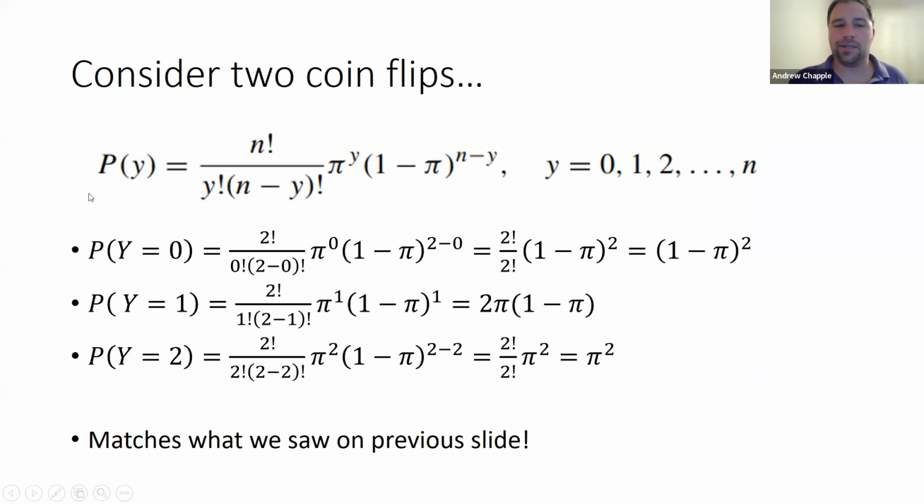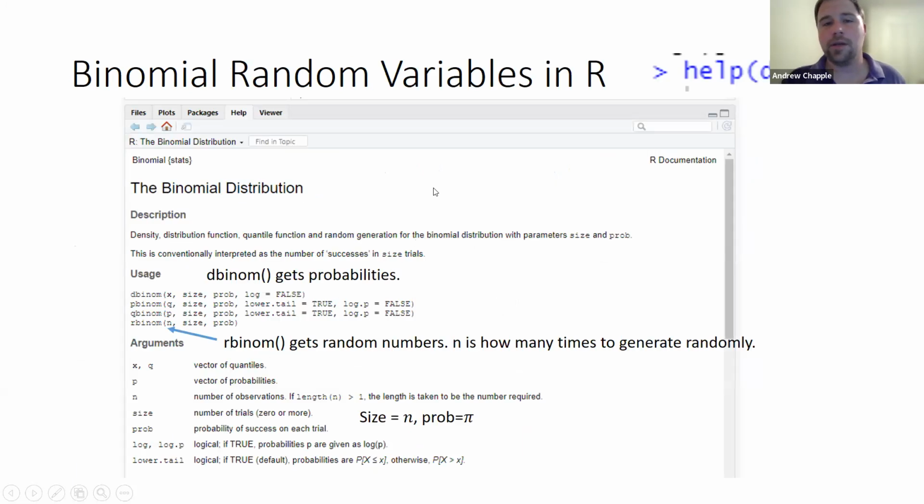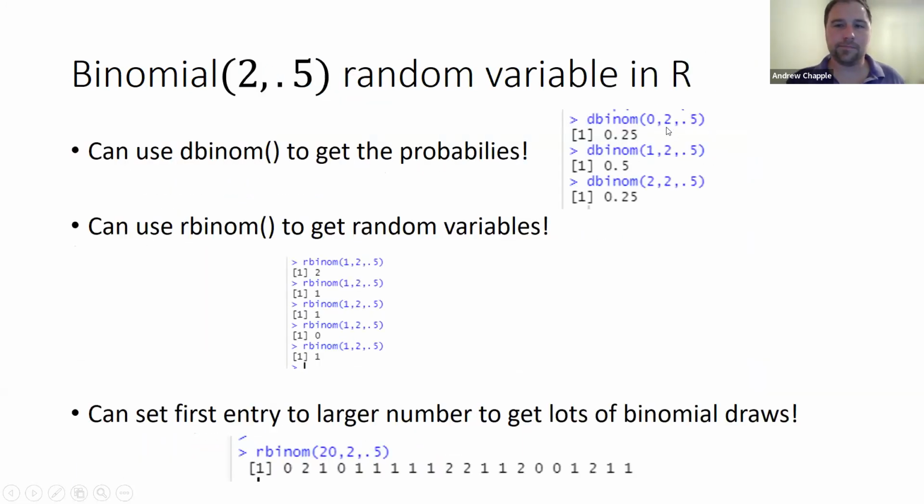So all it's doing is taking this function up here and plugging in your n, your y, and your pi, and giving you a number. So the numbers I get here are for y equals 0, n equals 2, and pi equals 0.5. I get 0.25. When I change y to 1, I get 0.5. And when I change y to 2, I get 0.25.